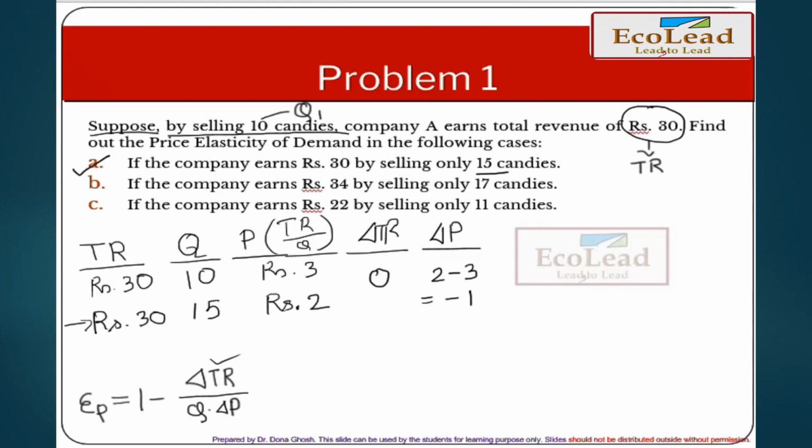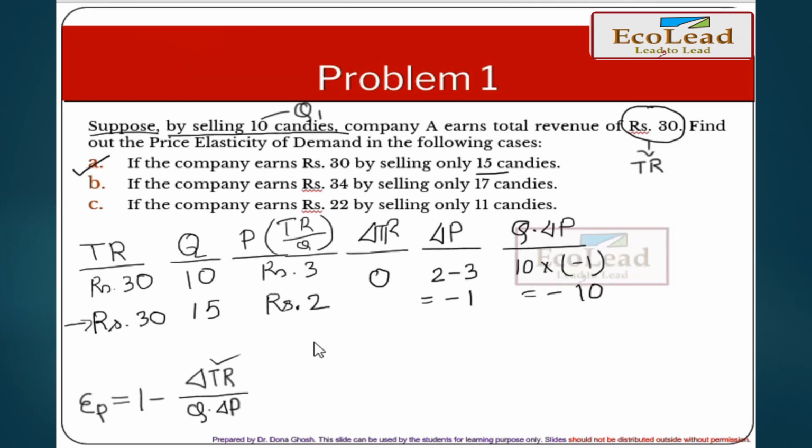Now we need to find out the value of the denominator, that is Q multiplied by del P. Q is 10 here. So 10 into minus 1 means it will be minus 10.